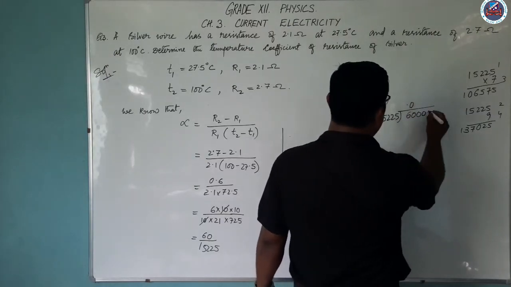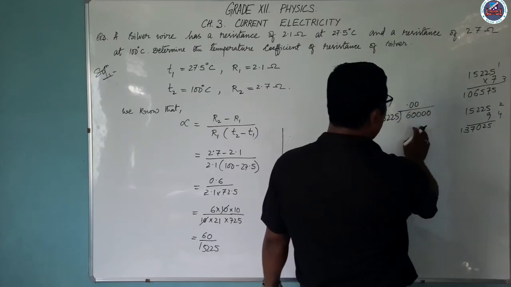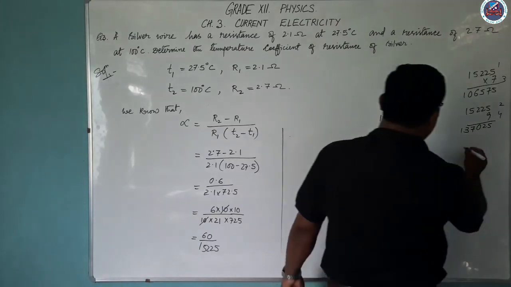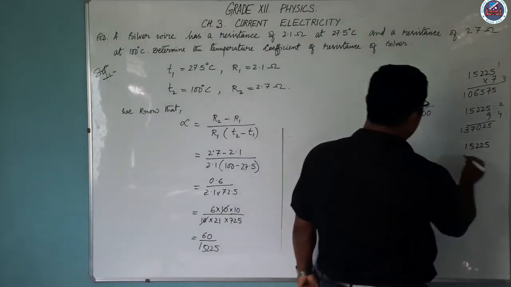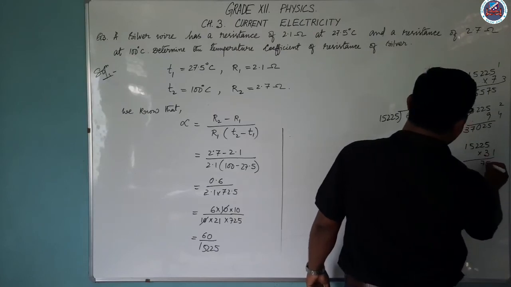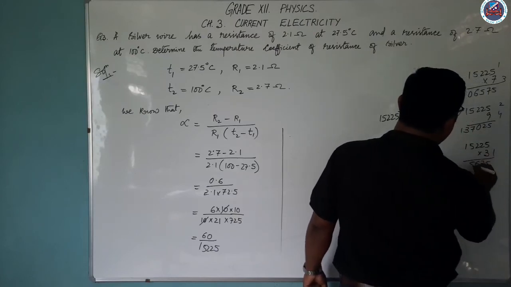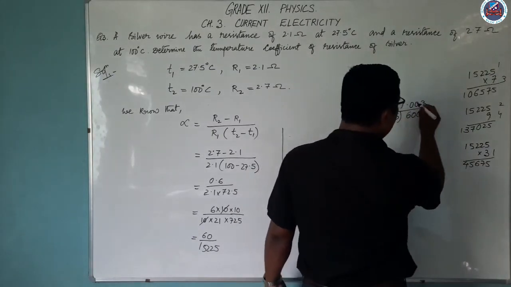Still cannot divide if I put another 0. Now we can divide it. Most probably 15225, 3 times will come. So it will be 3 times.